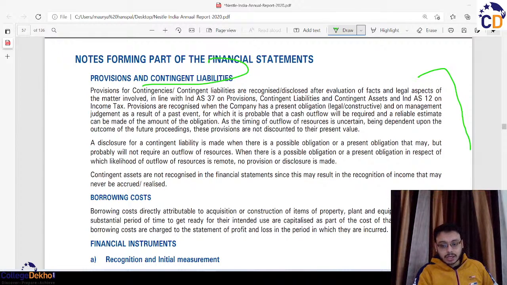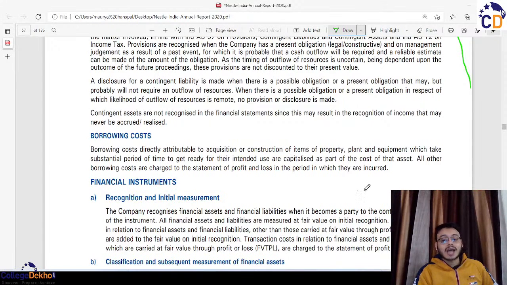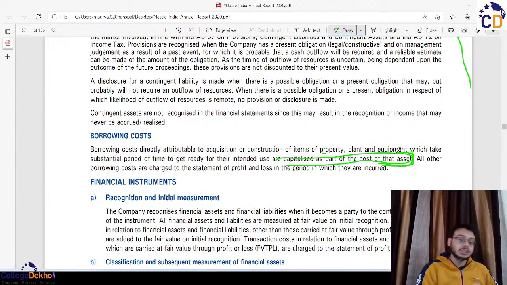Then borrowing cost mention है company की, like कुछ borrowing costs are capitalized, तो वो as a part of the asset हो जाता है. मान लो अगर आपने लोन दिया हुआ है कि borrowing costs are directly attributable to acquisition or construction of items of property, plant, and equipment, which take substantial period of time to get ready for their intended use, are capitalized as a part of the cost of asset. मान लो if you have taken borrowings for the purpose of acquisition or construction, and that is for the purpose of capital goods, ठीक है, तो वो जो borrowing का होगा amount, that would be taken to your balance sheet.